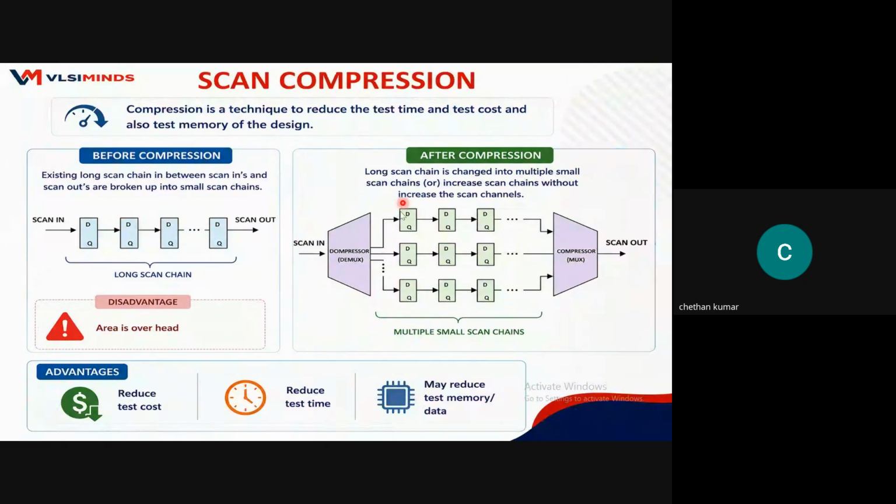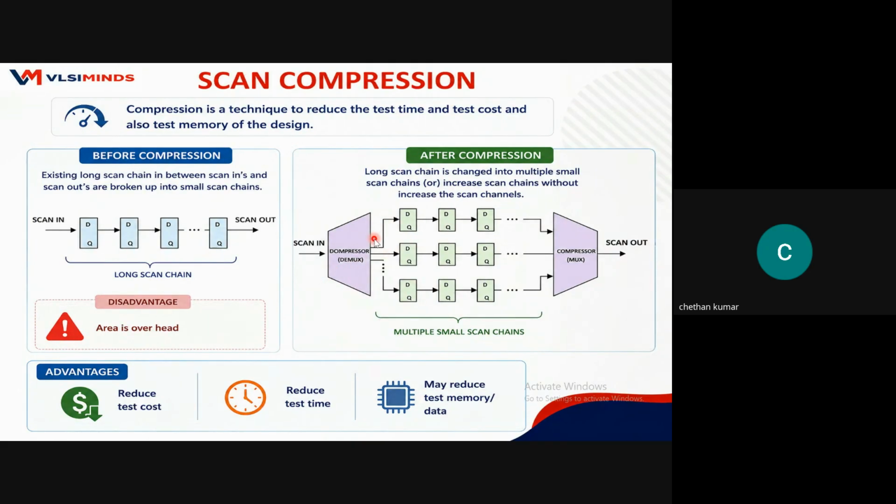After dividing the longer chain into smaller chains, I cannot directly bring them up to the top level. Why? Because the number of pins available to the test engineers will be limited. I cannot connect all these chains directly from the chip top.